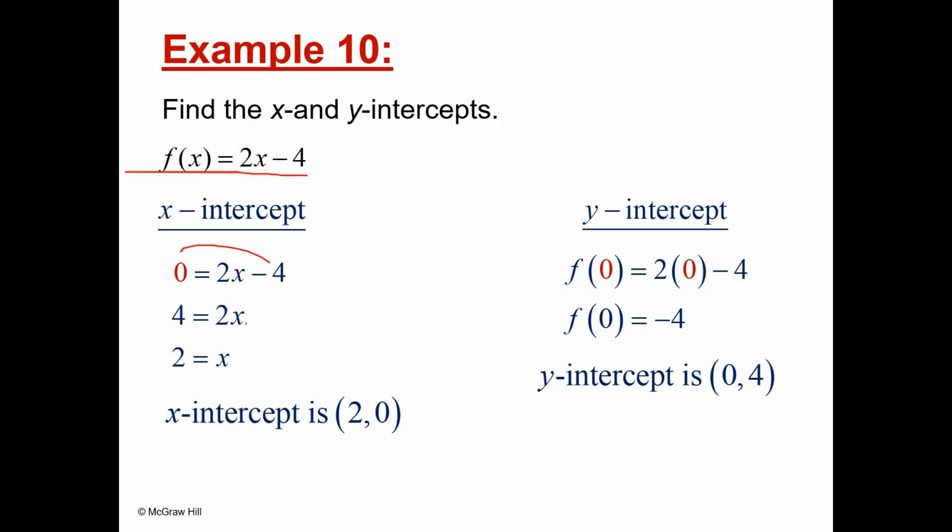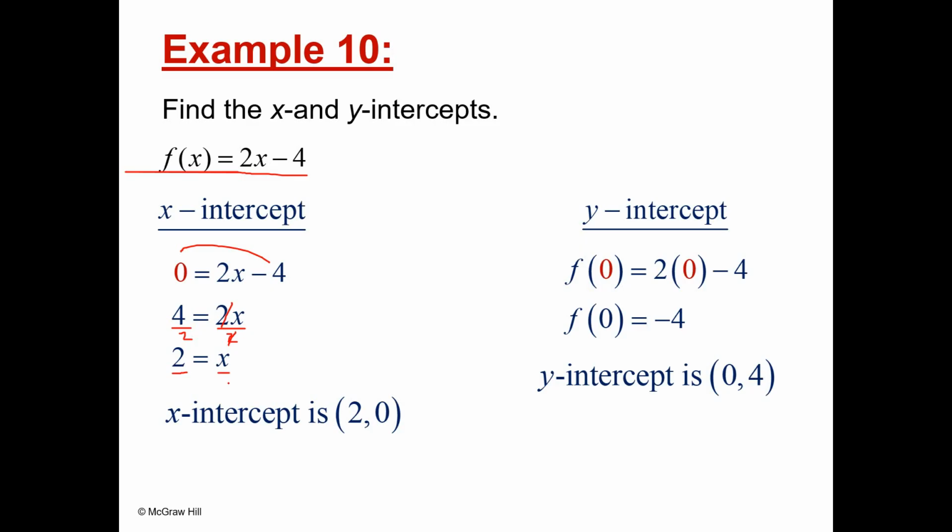Move minus 4 to the left side, and this negative sign will turn to positive. Now, to find x, divide both sides by 2 to get rid of the 2 over here. So 4 divided by 2 is 2, and 2 divided by 2, they will cancel and you will get x.